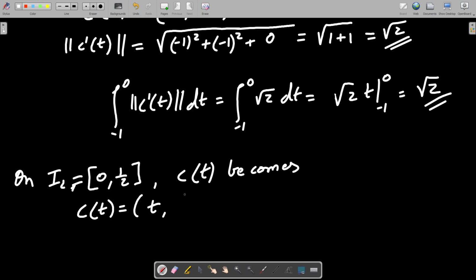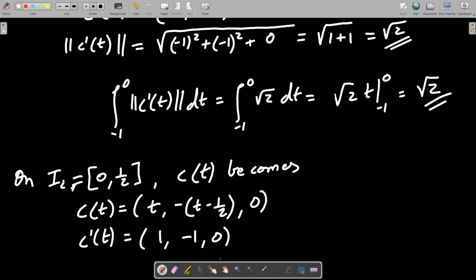T minus half will still be negative because t is less than half, no? So t minus half will be negative, right? So this will become minus t minus half, and this is 0. So c prime of t over here will become 1, minus 1, 0.